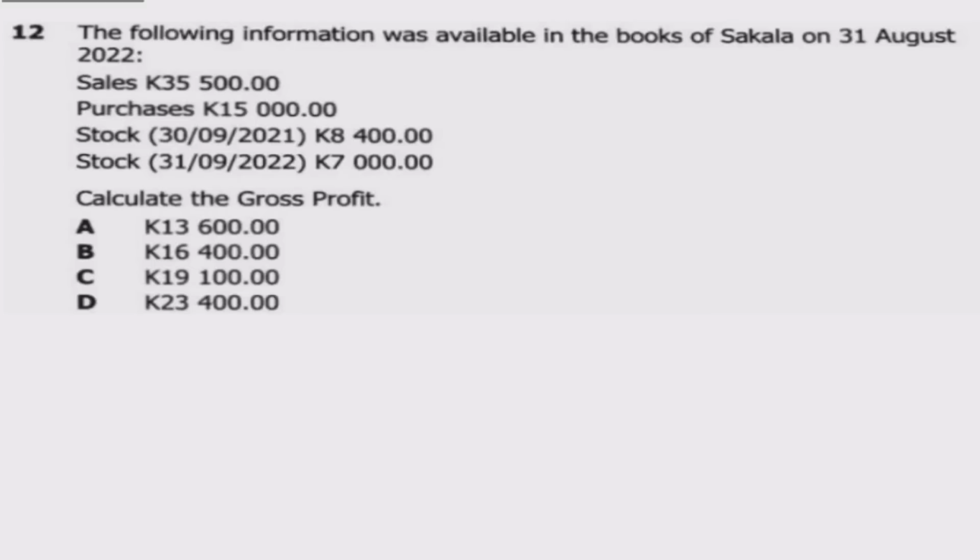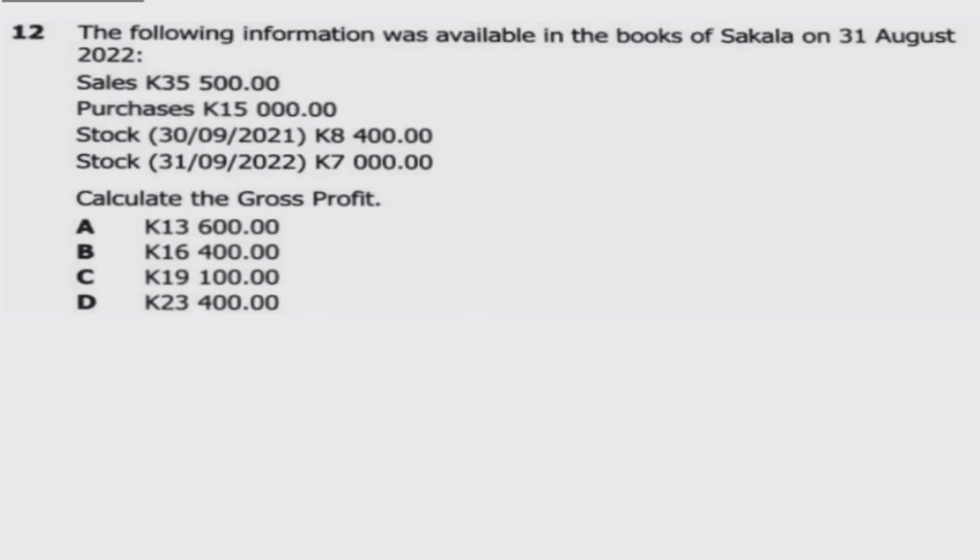So what is in Sakala's books are: sales 35,500 kwacha, purchases 15,000 kwacha, opening stock, which was on 30th September 2021, 8,400 kwacha, closing stock, which was on 31st August 2022, 7,000 kwacha.